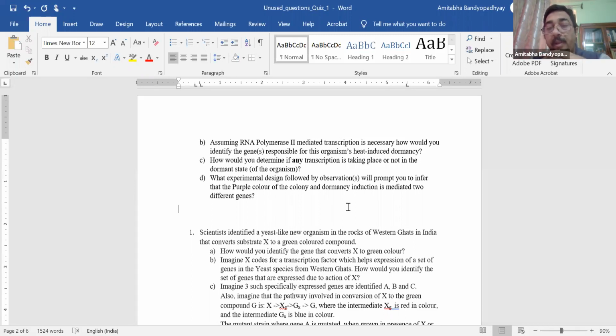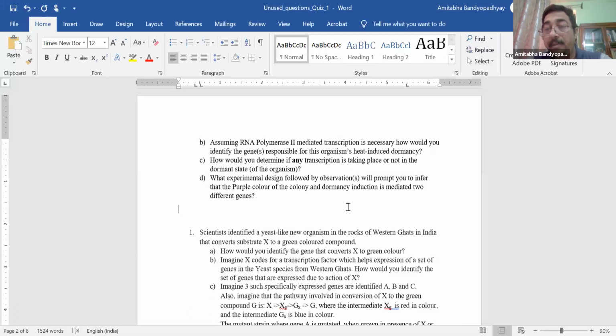So, if in a random mutagenesis screen you get mutants that are deficient in both the functions, that is formation of purple color and undergoing dormancy, then you know that the same gene is involved. That's a suggestion.